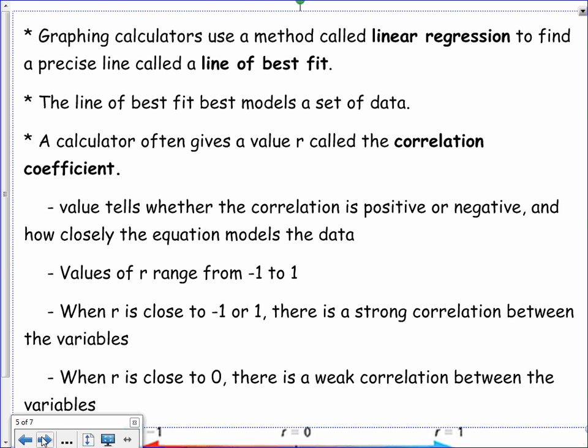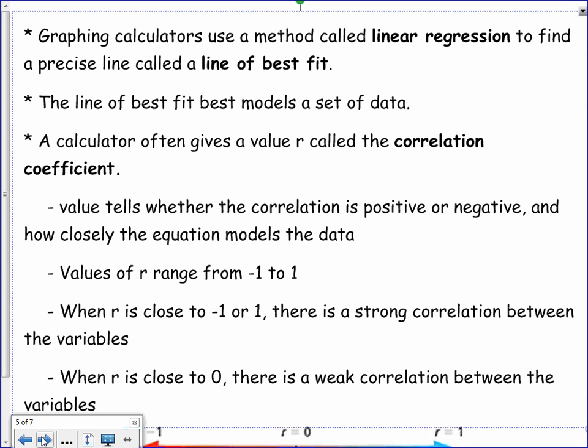The line of best fit best models a set of data, because when the calculator finds the line, the linear regression, it uses every point to find that equation, whereas we just use 2 points to find the equation.